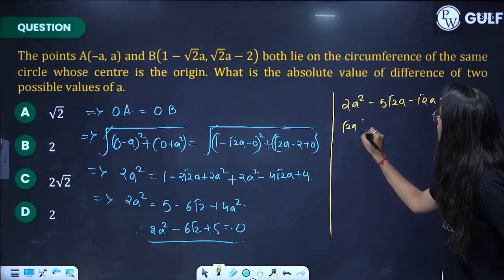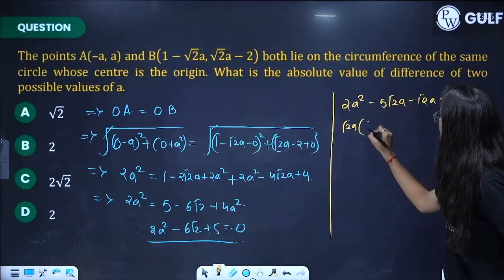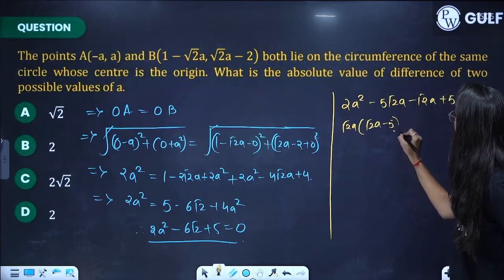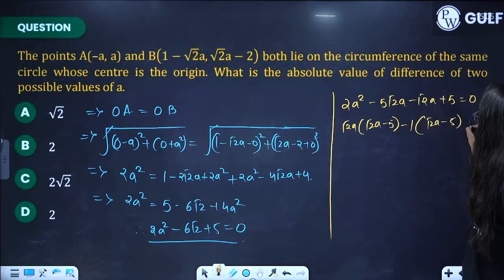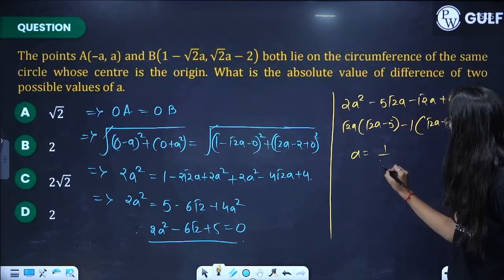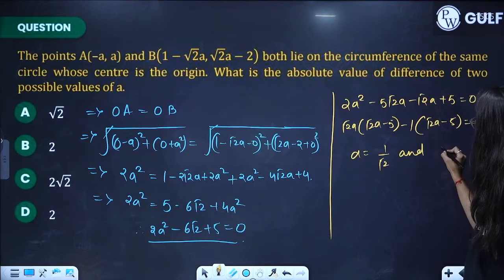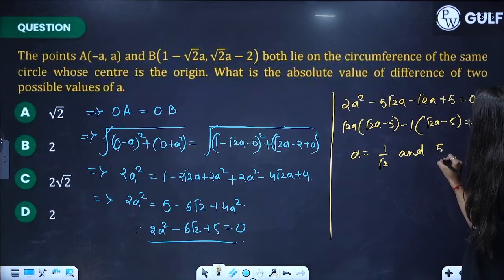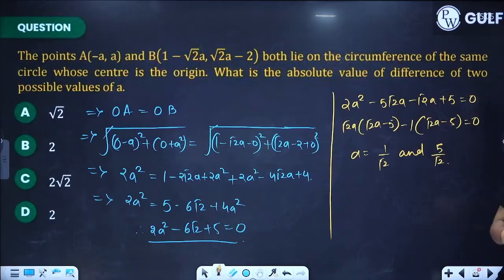Taking out root 2A common, root 2A minus 5 in the bracket, negative 1 common, root 2A minus 5 in the bracket equals to 0. So possible values for A are 1 by root 2 and 5 by root 2. Here I have to find the absolute value of the difference.